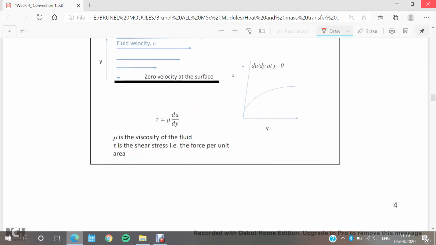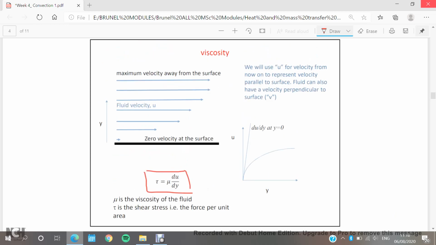Shear stress is equal to the viscosity of the fluid times the velocity gradient in the y direction. If we have here the horizontal surface, the velocity near it is equal to 0, and the velocity here will be towards the free stream velocity.